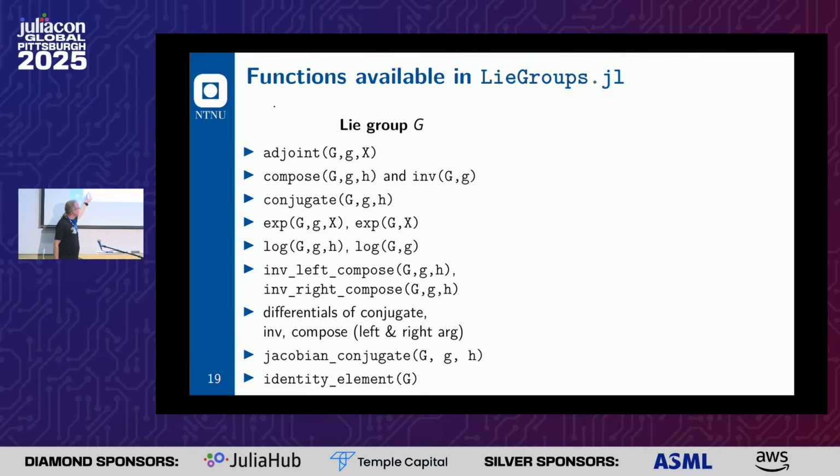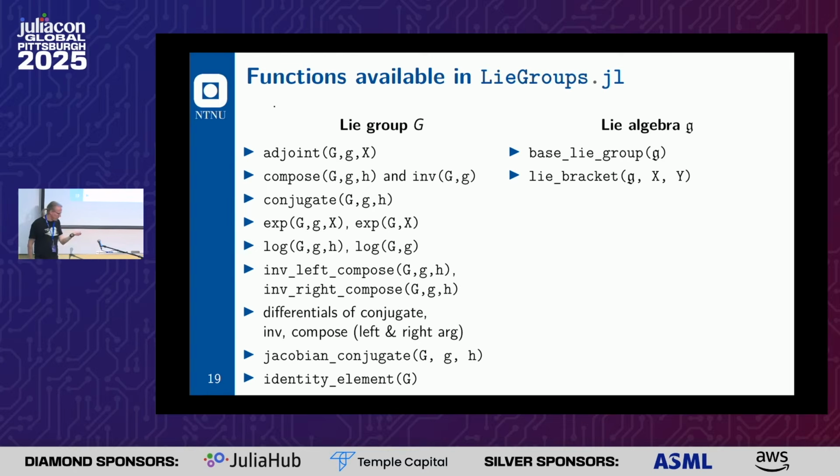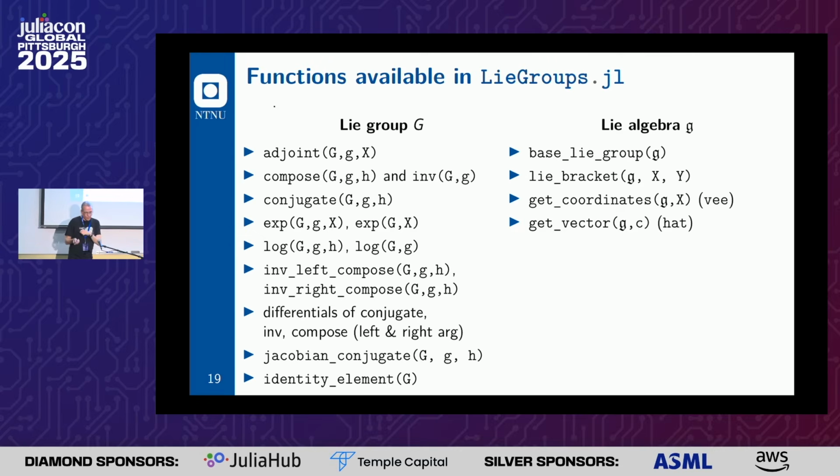We have the Jacobian conjugate, so that's the differential of the conjugate, and the identity element we already had as well. On the Lie algebra, we of course can get back the Lie group it's based on. We can get coordinates and reproduce the vector from coordinates. We have the inner product, and we can get a zero vector for now.